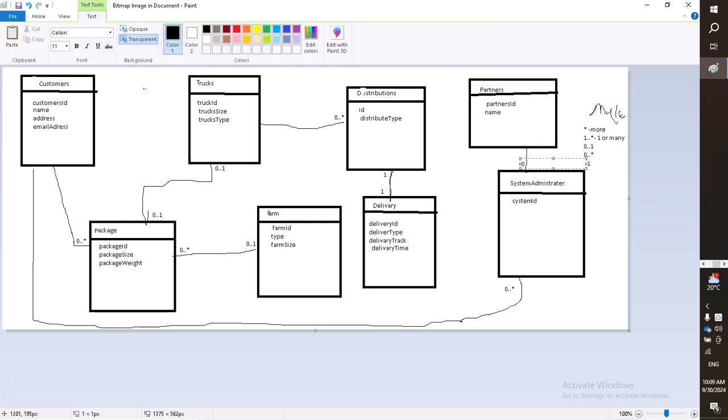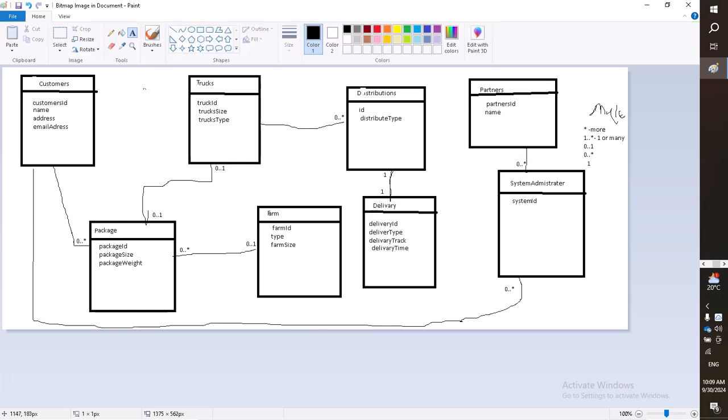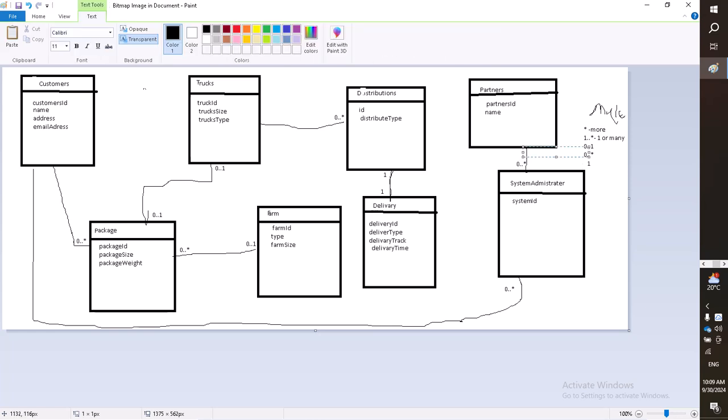And then the partner interacts with the system many times. It's either the partner does not interact with the system or interacts with the system many times, so it's 0 or many. And also the system may interact with a partner 1 time at a time, and the system can interact with a customer 1 time at a time.